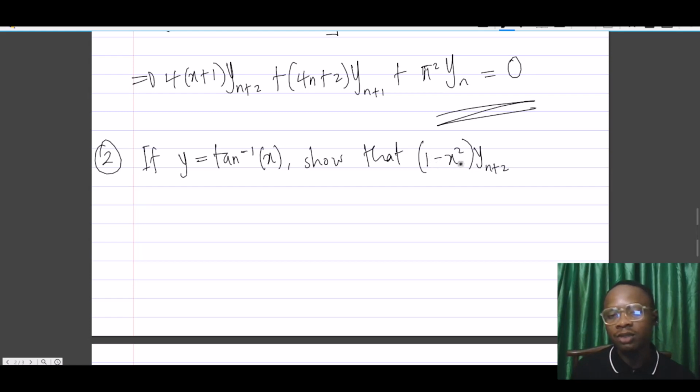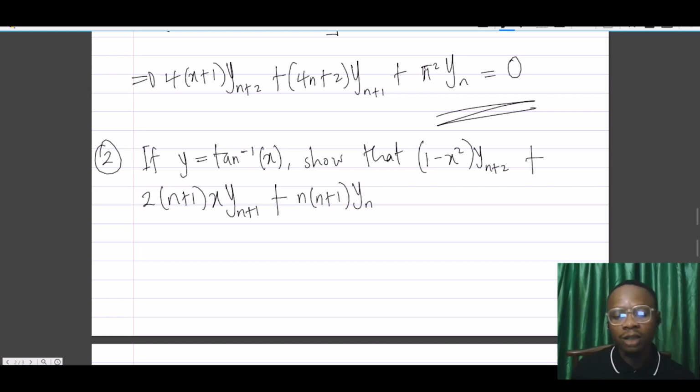This could be 1 plus x squared, but we'll see. Anyway, y sub n plus 2 plus 2 into n plus 1 x into y sub n plus 1 plus n into n plus 1 y sub n equals 0.